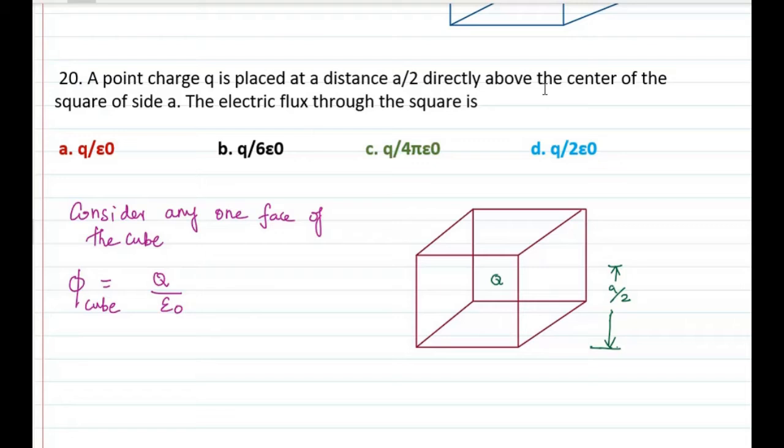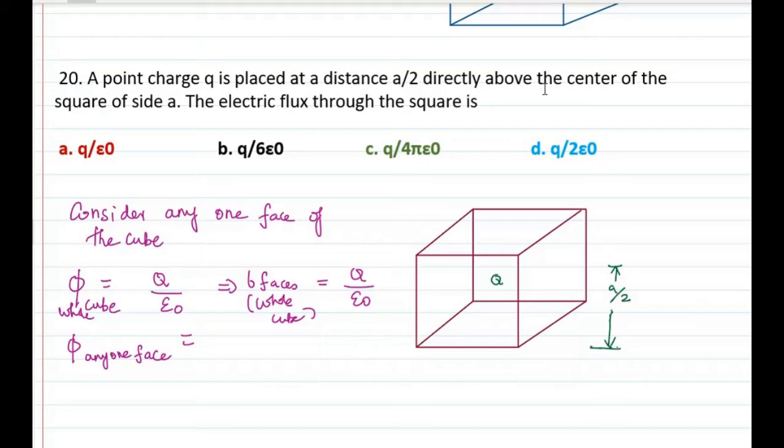Now we have to find out what is the flux for any one face. How many faces are there? 6 faces. For the whole cube, which has 6 faces, the flux is Q by epsilon naught.